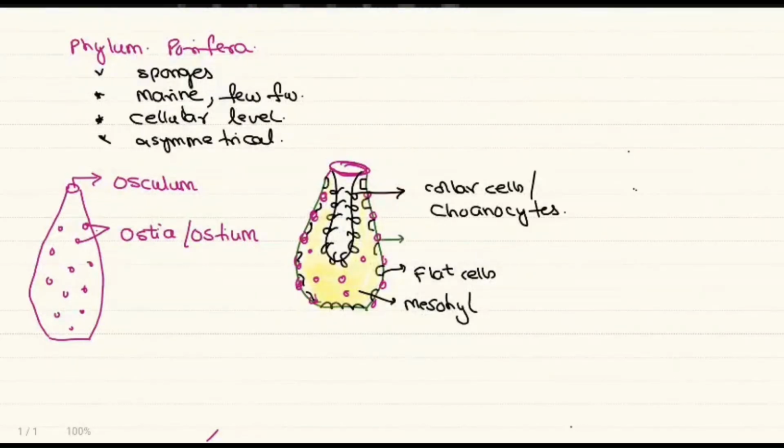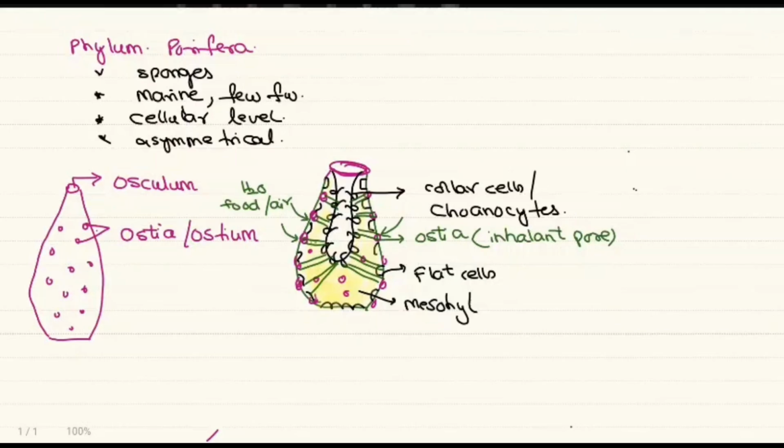Now the two main openings are ostia. This is also called an inhalent pore, from where the water enters. As the water enters, the food particles also enter with it, the air also enters with it. And from here, a network of canals will start.